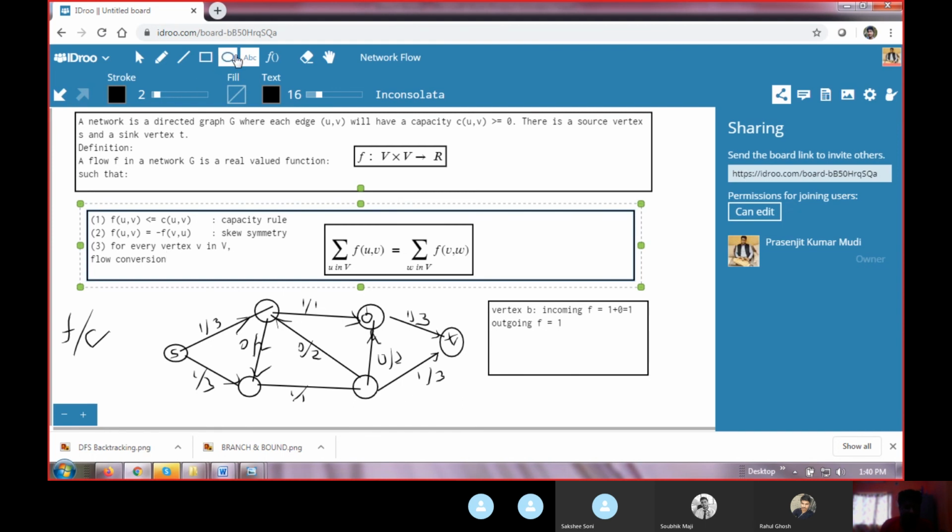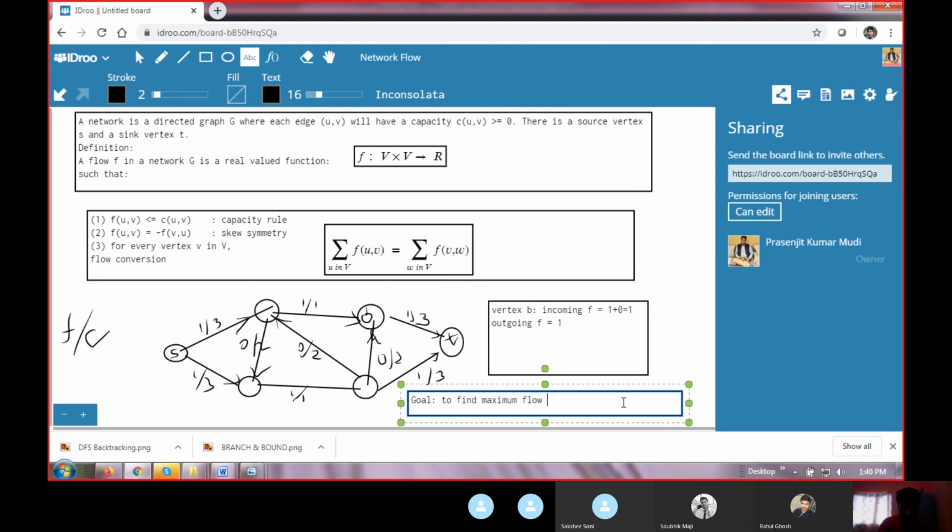The main reason we are studying this topic is that our goal is to find the maximum flow of a network, the maximum flow from S to T. S is the source vertex, T is the sink vertex.